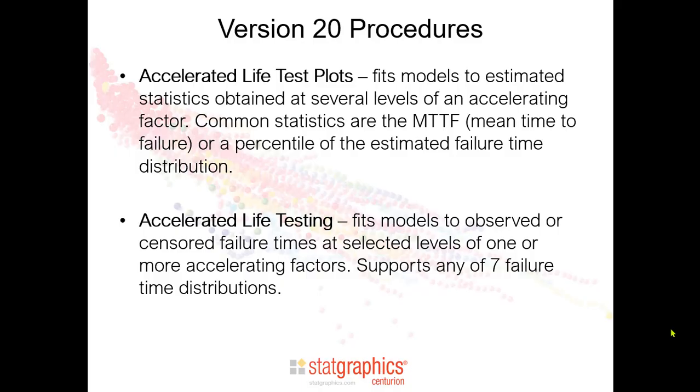Common statistics are the mean time to failure or a percentile of the estimated failure time distribution. The second procedure is called accelerated life testing. It fits models to observed or centered failure times at selected levels of one or more accelerating factors. This procedure supports any of 7 failure time distributions.